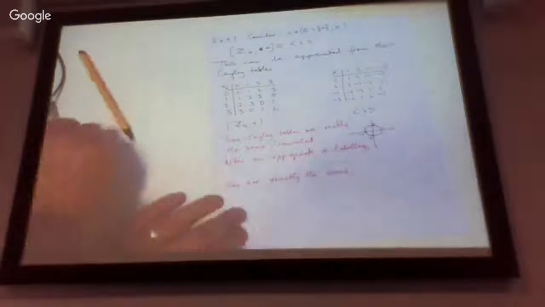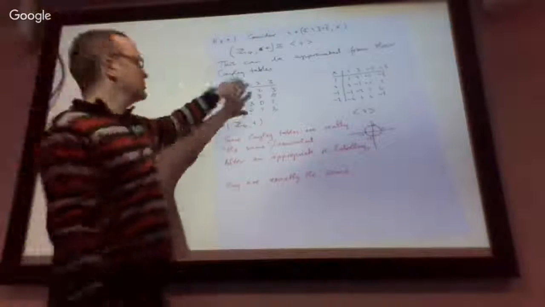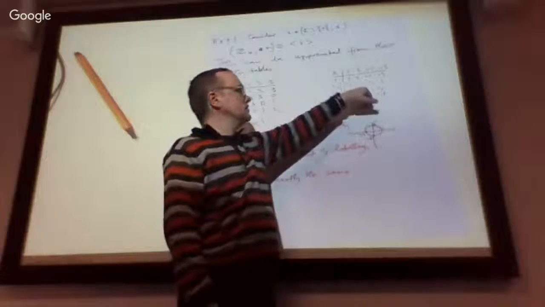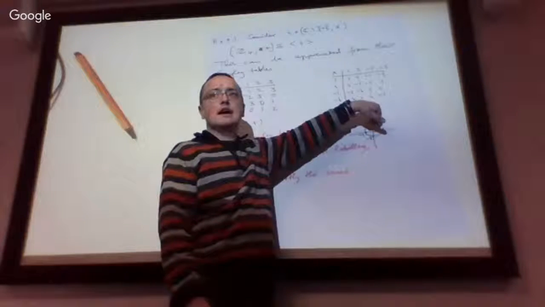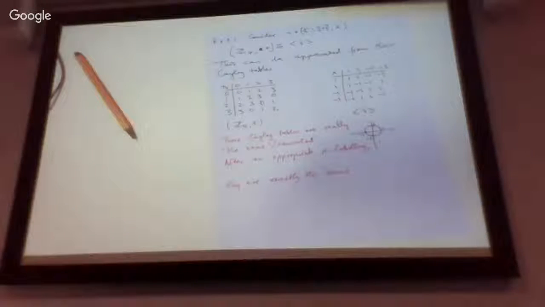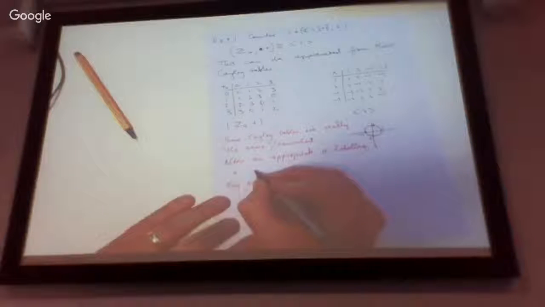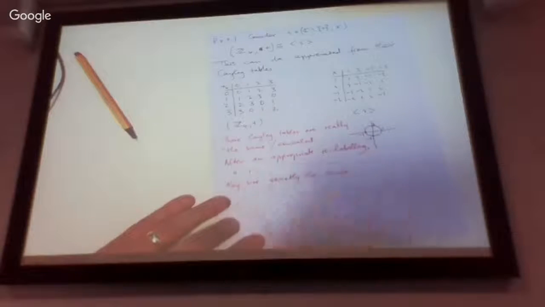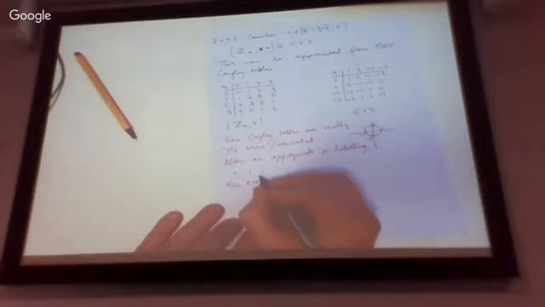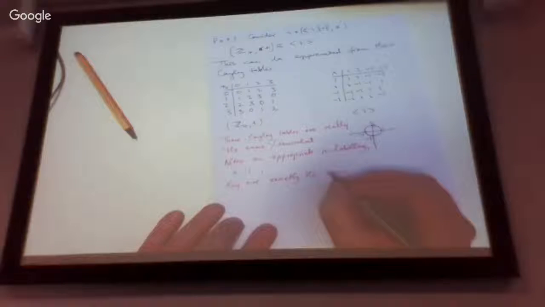Now, what is this relabeling? Well, we want to relabel. So if we start with this one here, how do we relabel this Cayley table, the one for Z4? How do we relabel it so it becomes the Cayley table for the subgroup generated by i? Well, we have to agree, instead of 0, we're going to write the number 1.